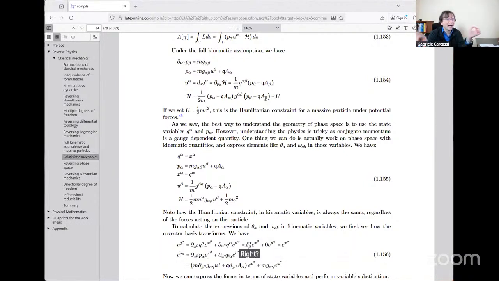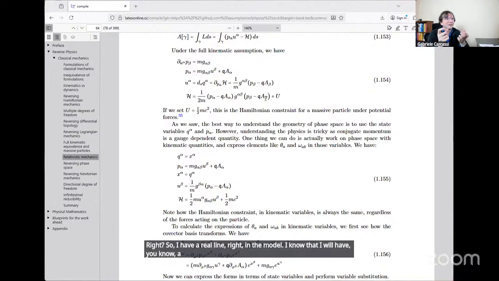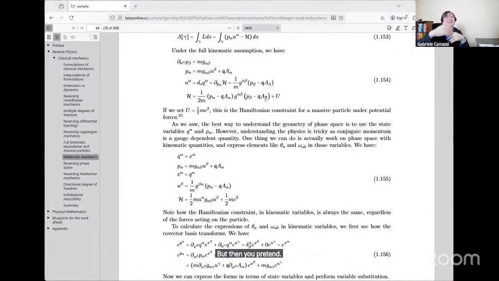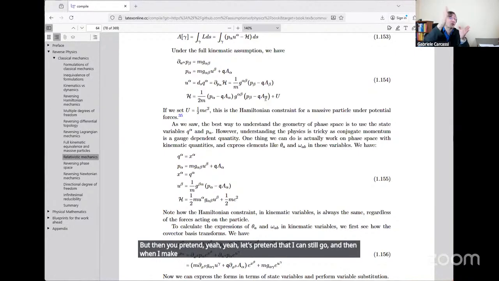So I have a real line in the model. I know that I will have a resolution of a measurement such that I can't go below that resolution. But then you pretend, let's pretend that I can still go, and then when I make my calculation, I will truncate at the precision that I want.